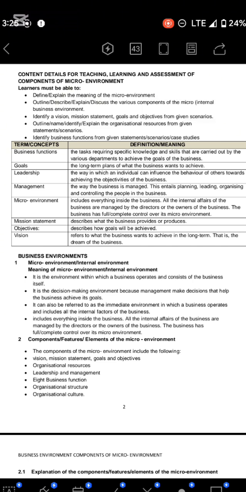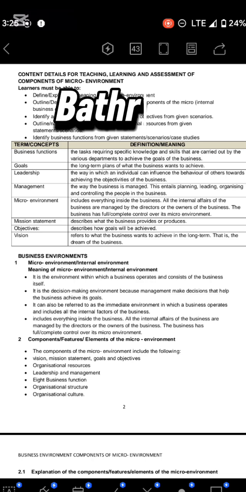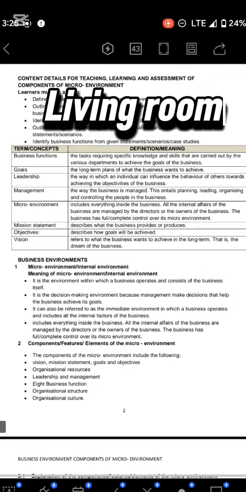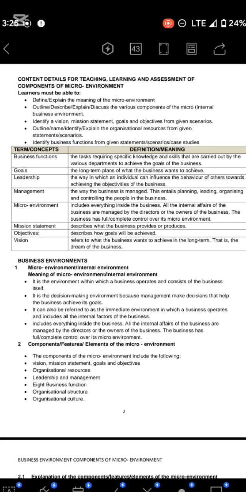But there are components of the micro environment of your house, for example, the kitchen or the bathroom or the living room, right? So a business pretty much is like that. A business exists and is controlled by different environments. I hope you're good. All right, let's break it down.